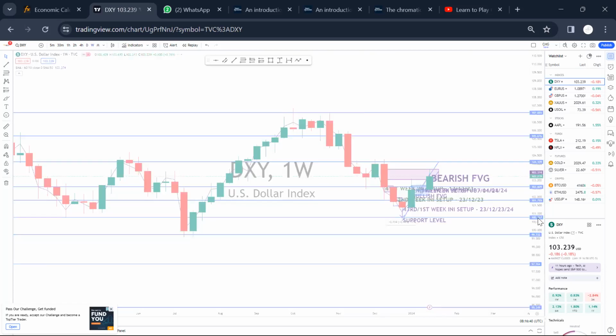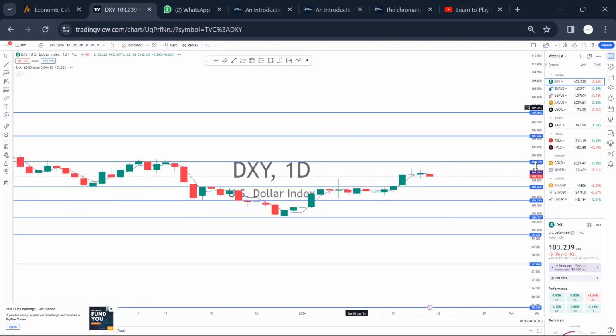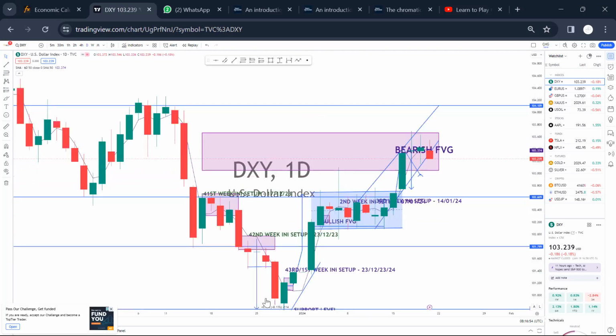Now, on the weekly time frame, this is what you have here. Generally we see an upward trend, right? The market is moving up. The market is in an uptrend. It's buying, right? Yet we see that there is another fair value gap here.